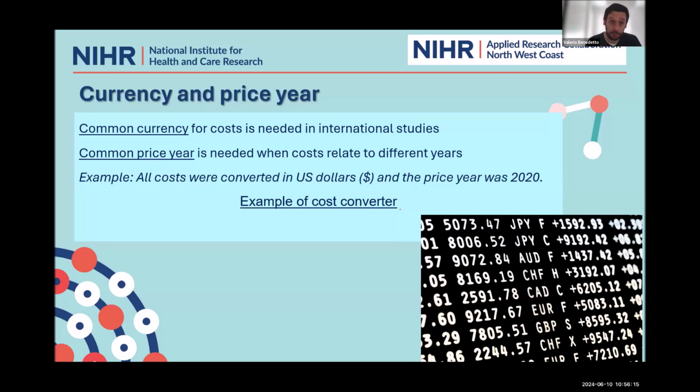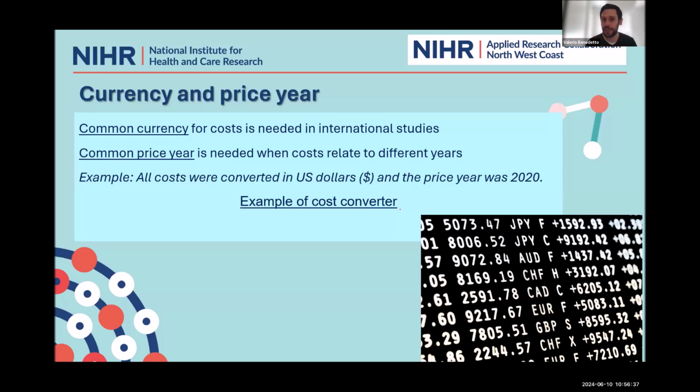Similarly, authors need to consider a common price year here, especially when you have costs which relate to different years. So you might have some hospital costs which are accrued, let's say, in 2020, GP costs in 2021, another type of cost in 2022. They all need to be converted into a unique price year.